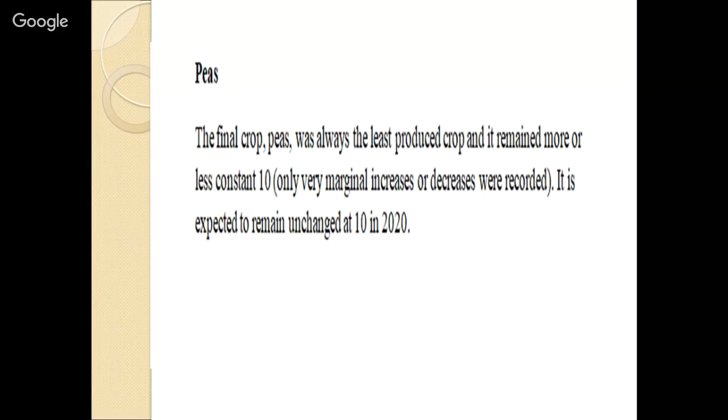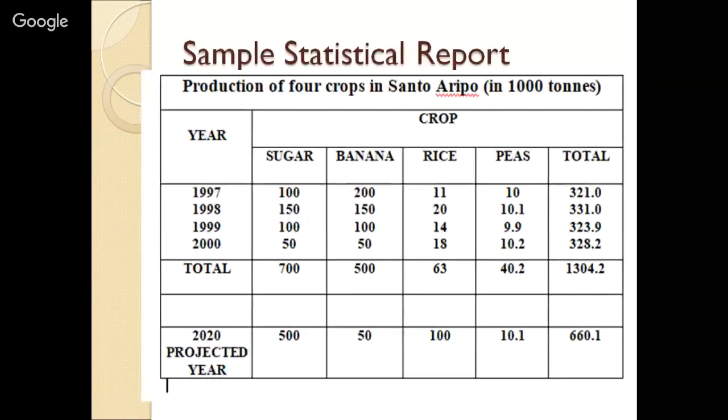Now, guys, let us look back at the table. We have done rice, we have done sugar, banana, rice, peas. We have also mentioned the projected year. Can anyone tell me what it is we have not written about, or we have not mentioned so far?